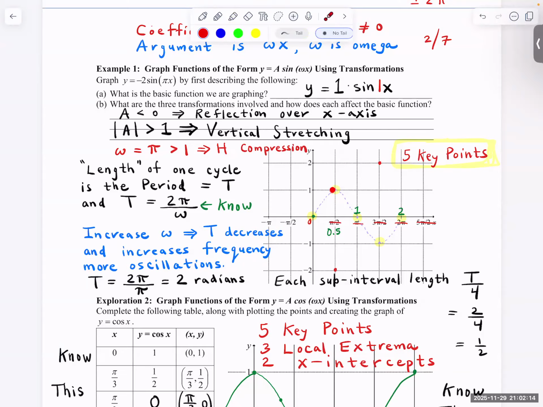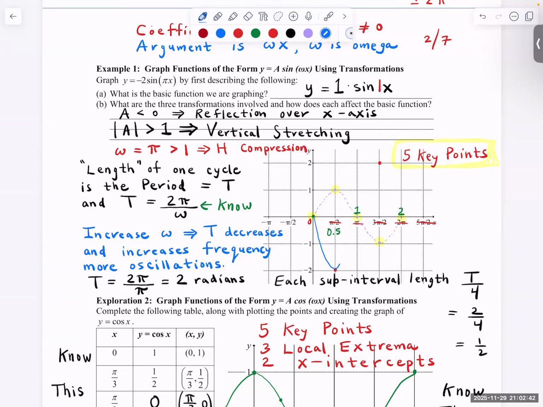So this local max here will be reflected and then vertically stretched because A is 2 in absolute value. So let's mark that point and connect from the origin to that first point.